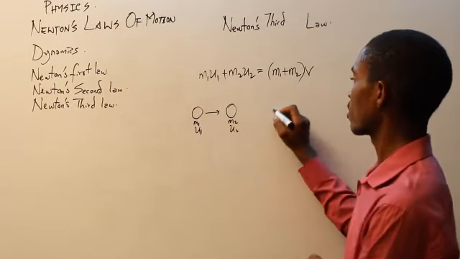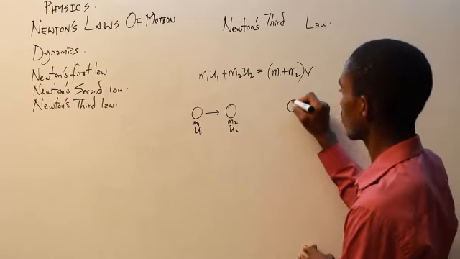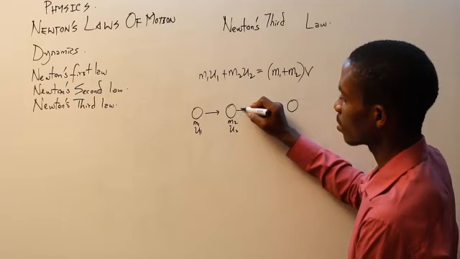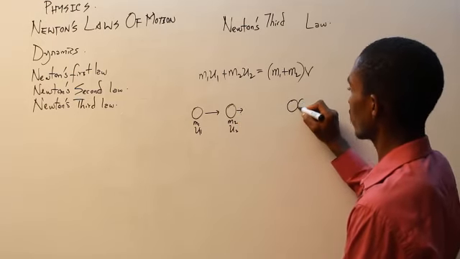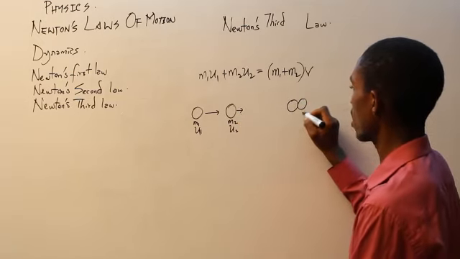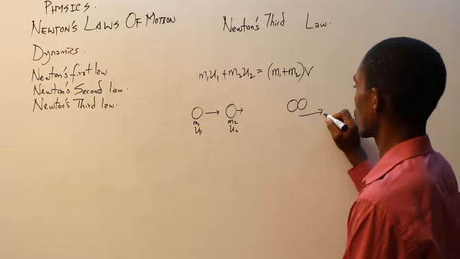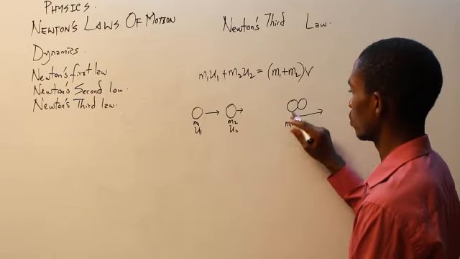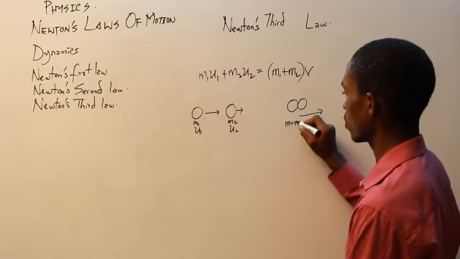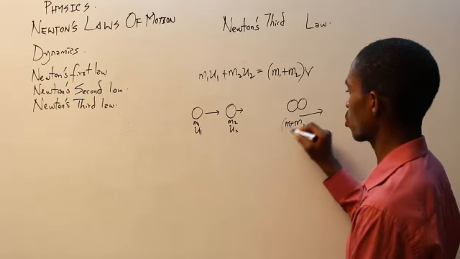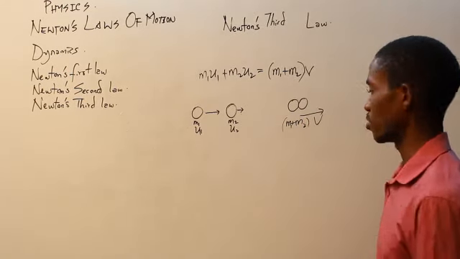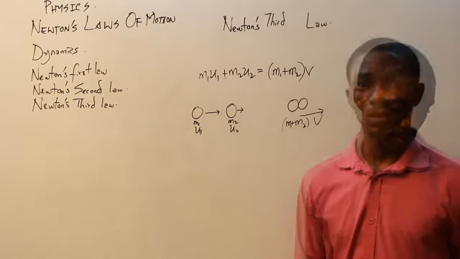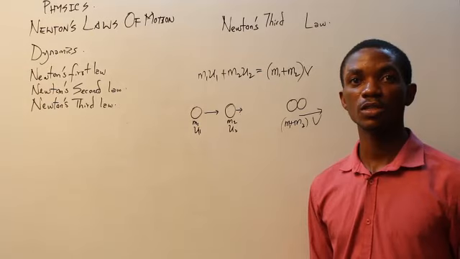They collide. And after they collide, they stick together and move together with one velocity, m1 plus m2 moving with v. So that is what Newton's third law of motion states.